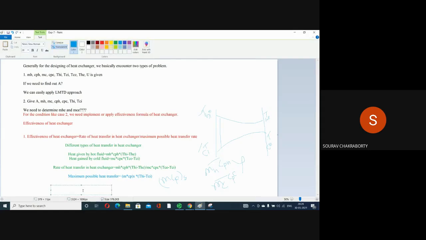So the final expression of effectiveness will be MH into CPH into THI minus THE, divided by MCPS into THI minus TCI.